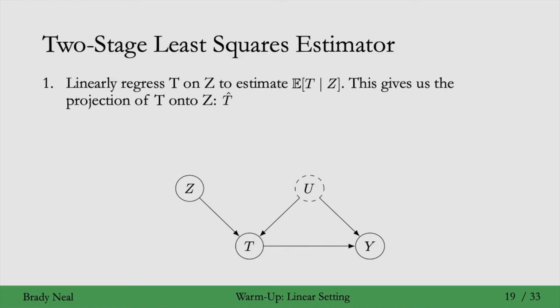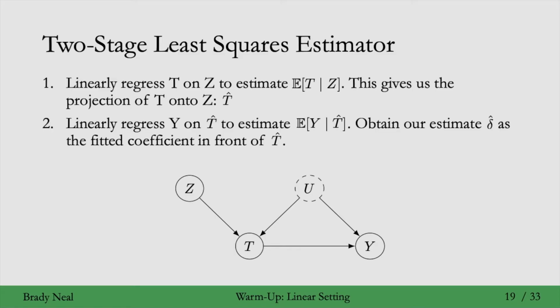It's the best prediction in the mean squared error sense that we can get for t, given that we are using z as input. And then we'll use that t hat in the second stage, where we linearly regress y on t hat to estimate the conditional expectation of y given t hat. And our estimate for delta will be the fitted coefficient in front of t hat in that linear regression.